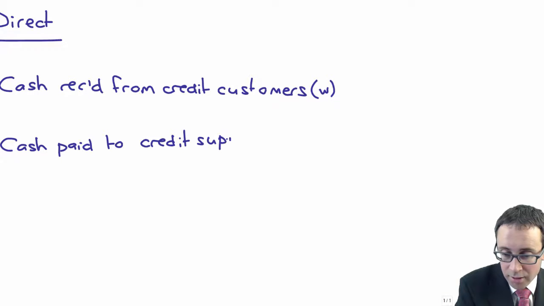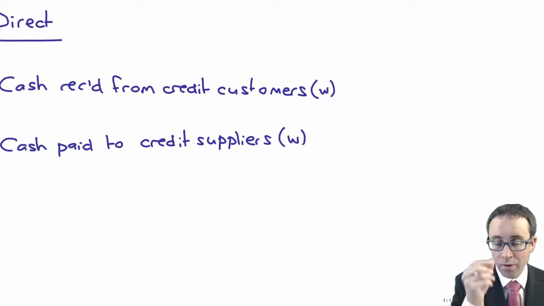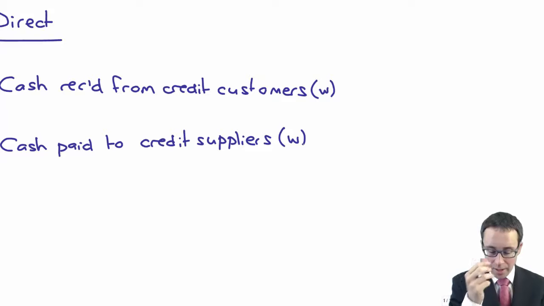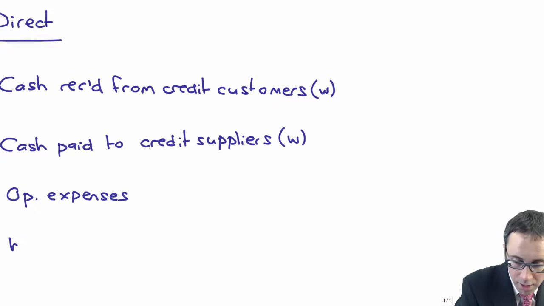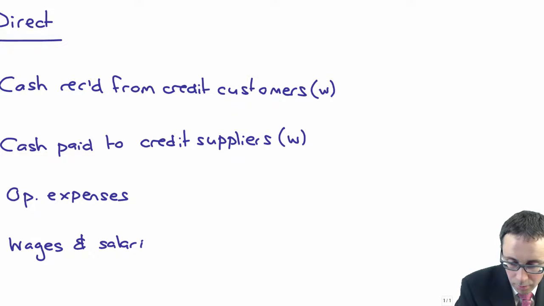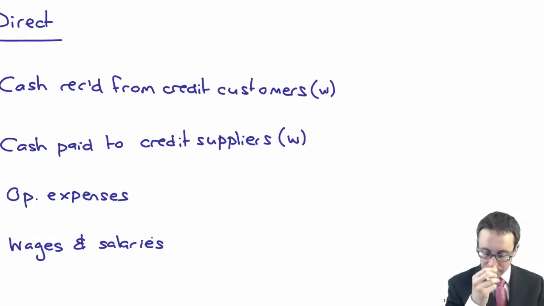To your credit suppliers. So again, we will put that in there as a working. And then what you've got there is your operating expenses, and also your wages and salaries.